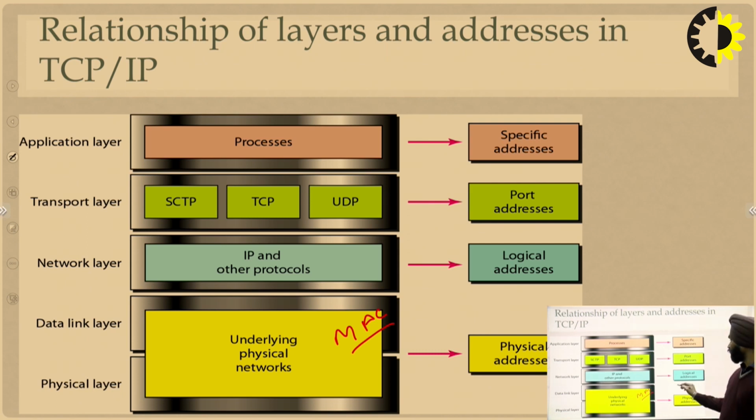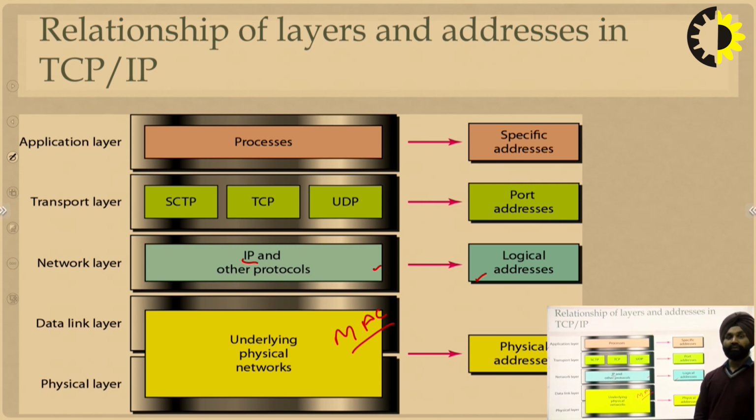Then there is logical addressing, which is IP addressing: IPv4, IPv6. All these addressing schemes are in the network layer. The logical address is required for source to destination delivery, whereas the MAC address is required for hop to hop, or node to the next node delivery.